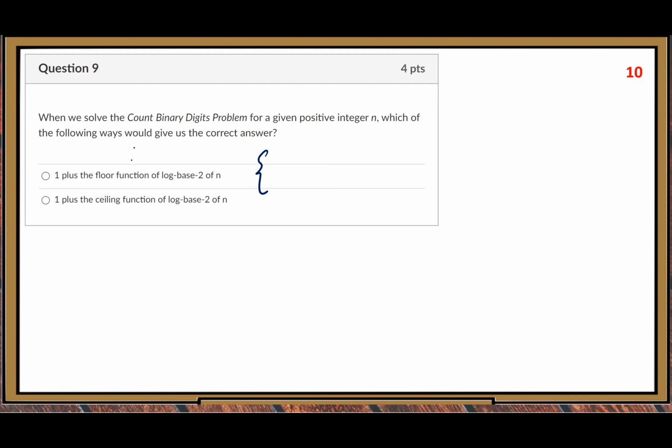Here I just recall the background for this question. When we try to make a guess, we have two ways: one uses the floor function, one uses the ceiling function.